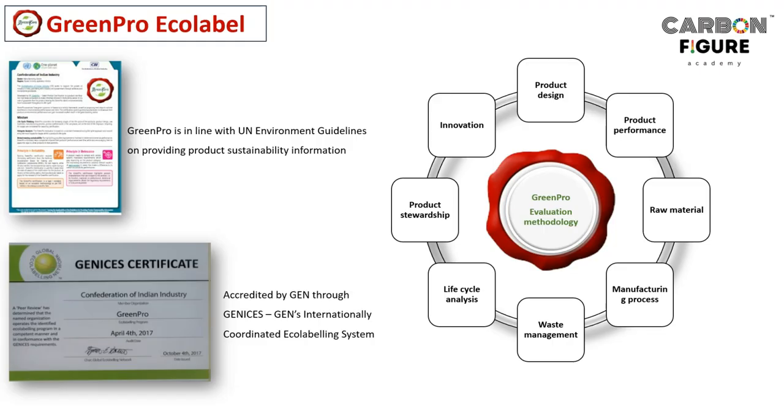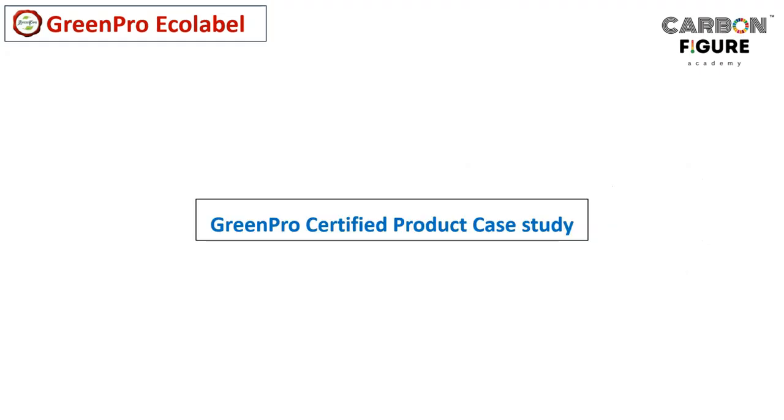So what are the criteria? Product design, product performance, raw material, manufacturing process, waste management, LCA, product stewardship, and finally innovation. Based on these 8 criteria, GreenPro will assess your given product and certify accordingly, right?